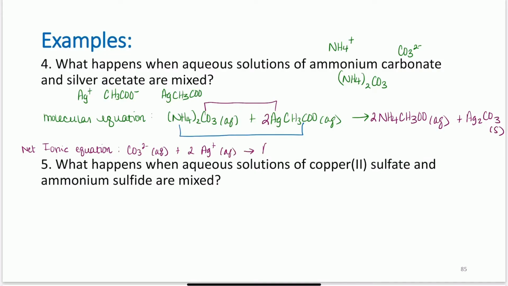Ions are aqueous by definition, that's how they can exist, forming 1 mole of silver carbonate, solid. My spectator ions are my NH4+ and my CH3COO-. Definitely forgot the letter C in here.